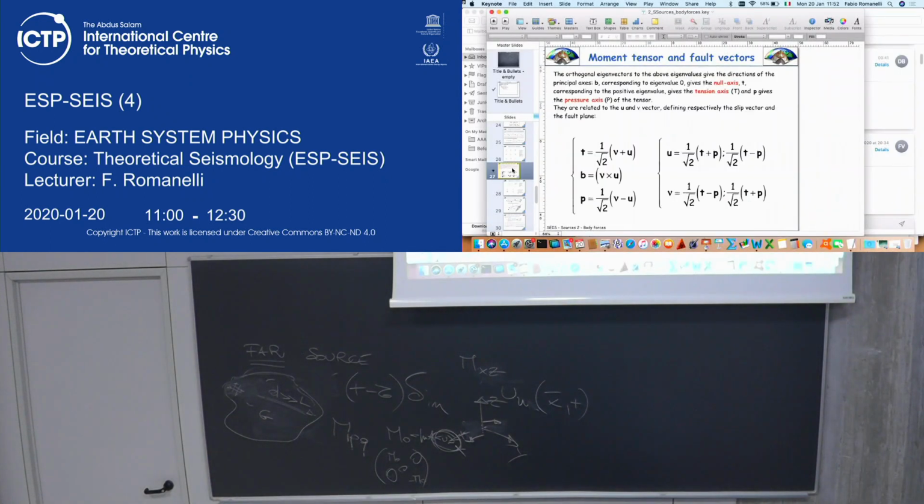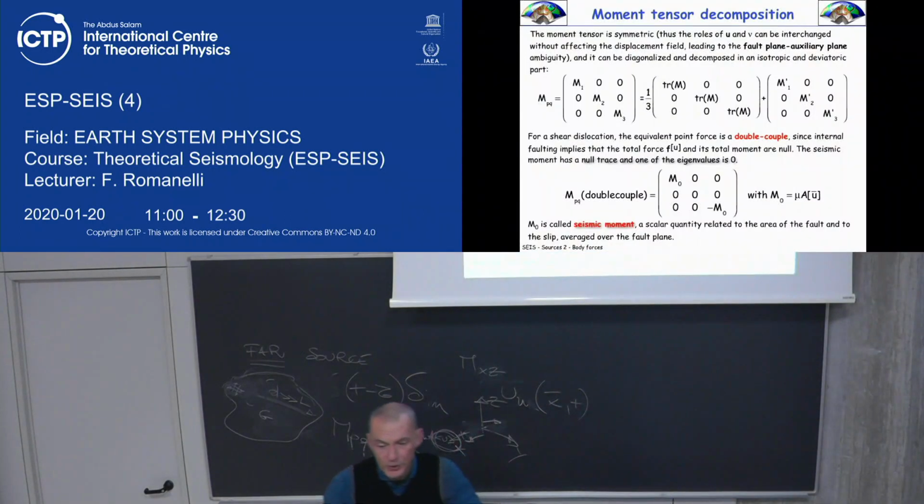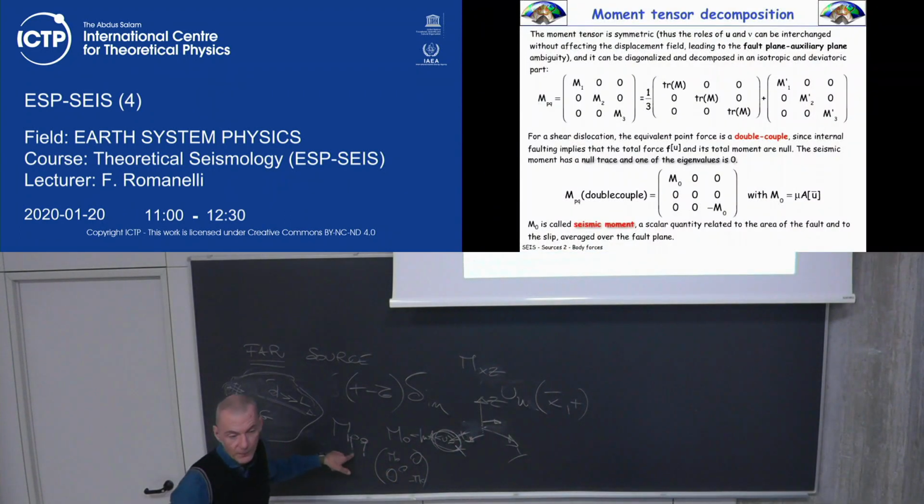Look, do you want to treat an explosion? You can always use MPQ without imposing that the trace is 0. And this is what is going to occur, for example, if you work in a volcanic area: you cannot use this condition. You have to relax it.